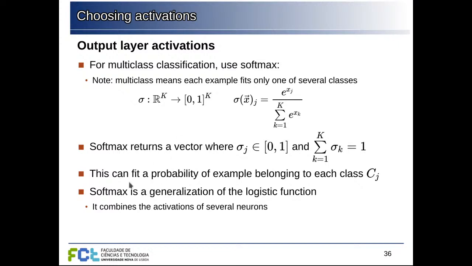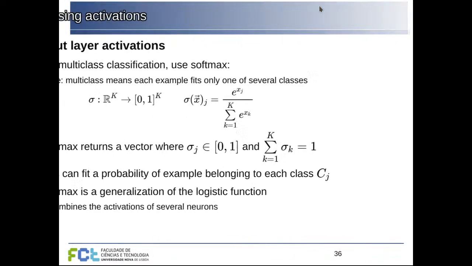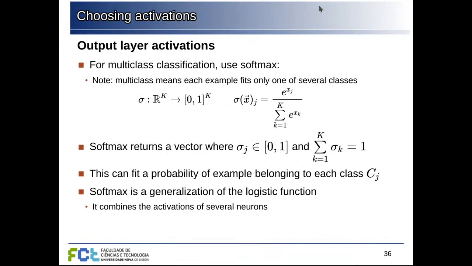So this way we can model the probability of belonging to a class, and this is a good output activation for multi-class classification problems. Basically this is a generalization of the logistic function, that sigmoid activation, for multi-classes. So this is an important idea here.